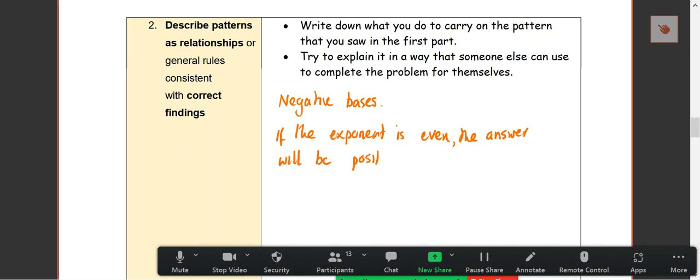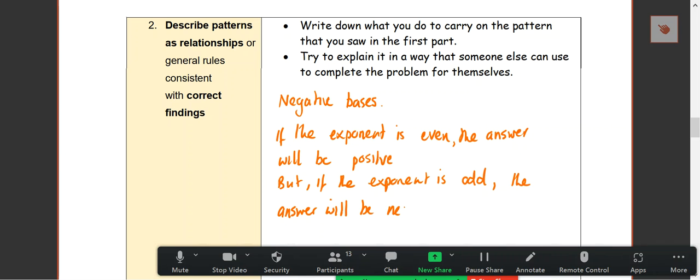But if the exponent is odd, the answer will be negative.